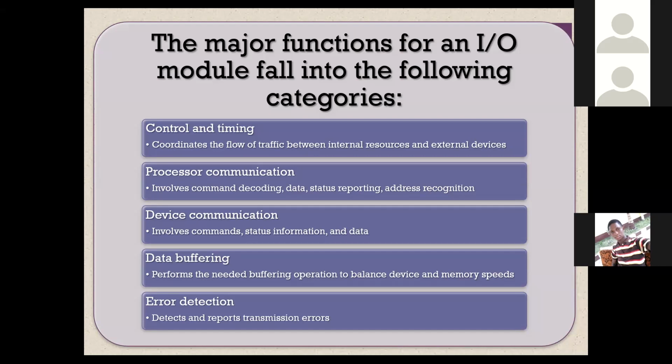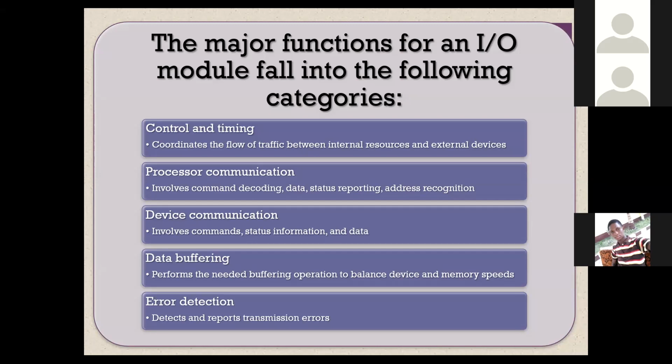So the IO module accepts commands from the processor, typically sent as signals on the control bus. For example, an IO module for a disk drive might accept the following commands: read sector or write sector, seek track number, as well as scan record with ID number.